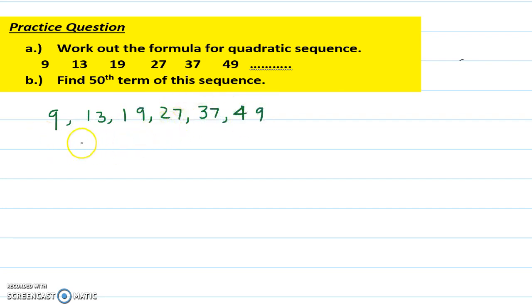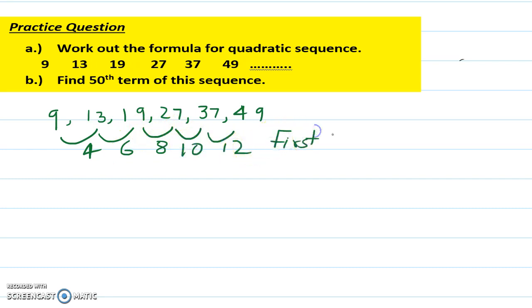So our first difference: from 9 to 13 it is plus 4, then 13 to 19 is 6, then it is 8, and then it is 10, and then it is 12. So this is your first difference.